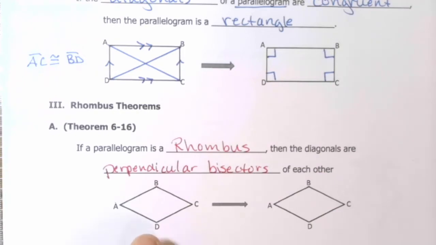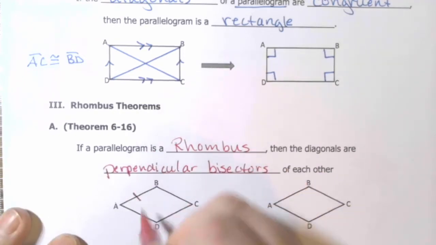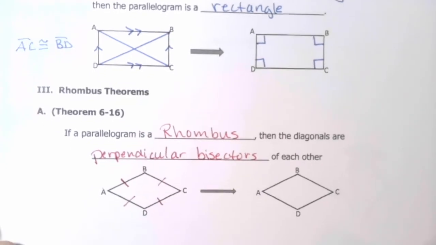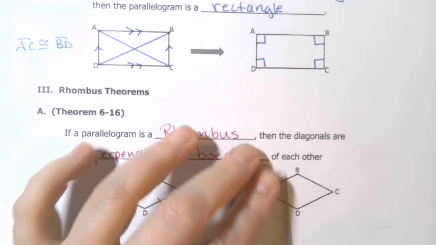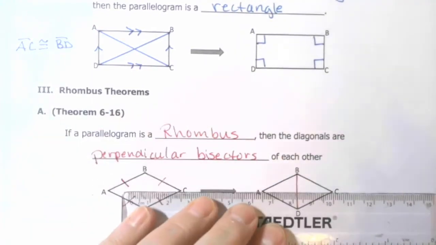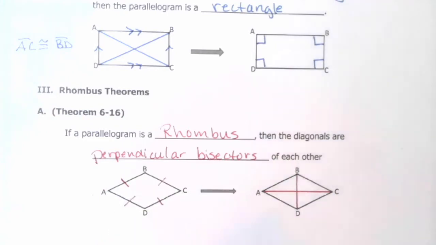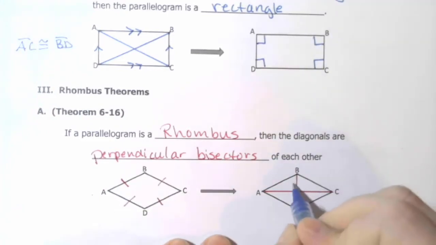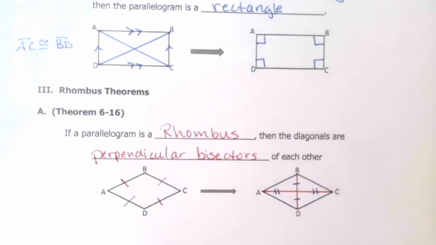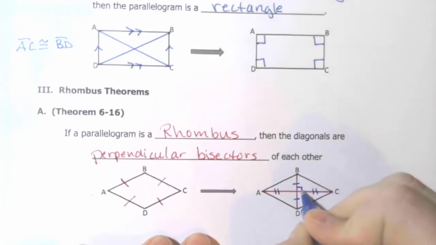Okay, so if it's a rhombus, and of course a rhombus is a quadrilateral with 4 congruent sides, then when you draw in the 2 diagonals, not only do they bisect, so you have a short piece and a short piece, a long piece and a long piece, they are actually perpendicular.